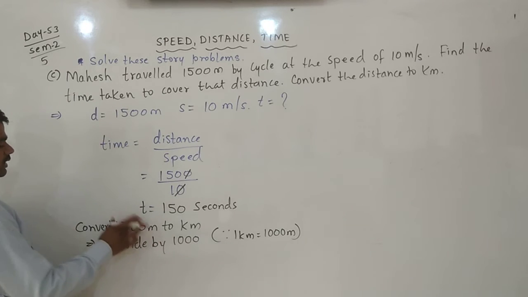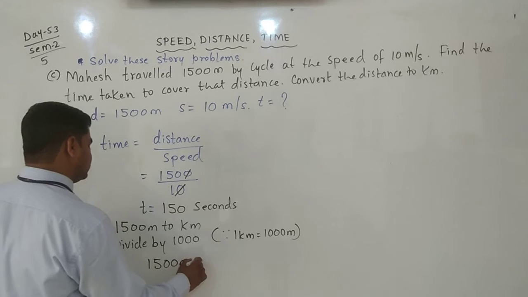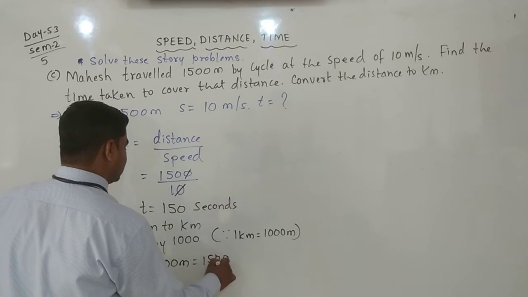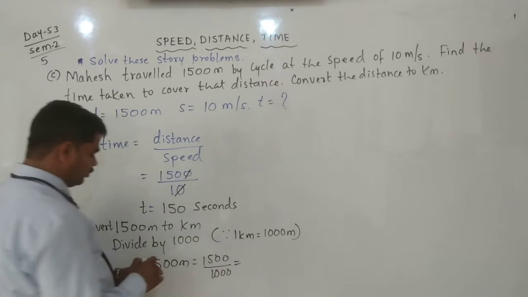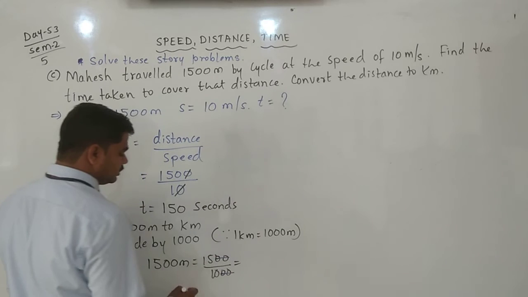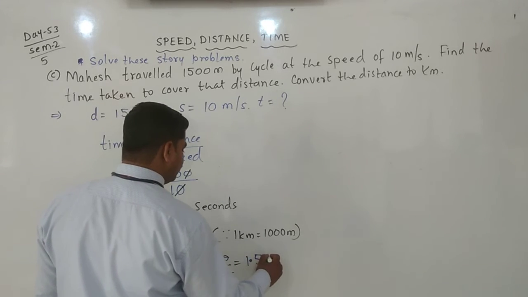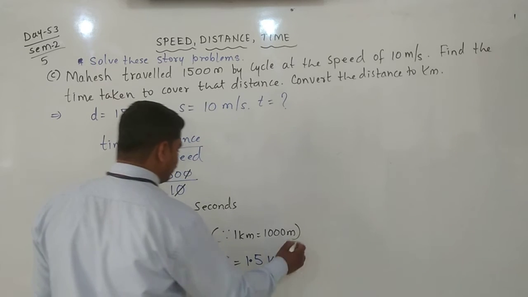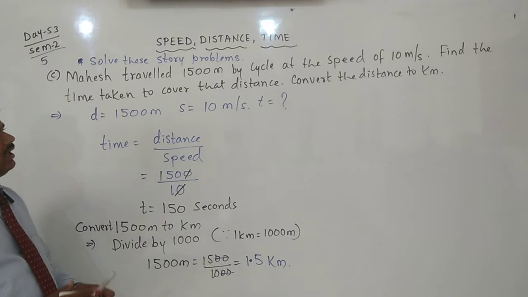Now we are converting this 1500. Then 1500 meter is nothing but 1500 by 1000, these two zeros cancel. Then 15 by 10 is 1.5 kilometer. Converted to 1.5 kilometer. Yes, this is the answer.